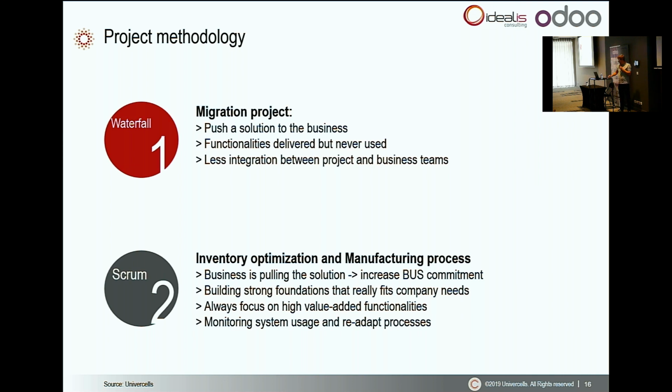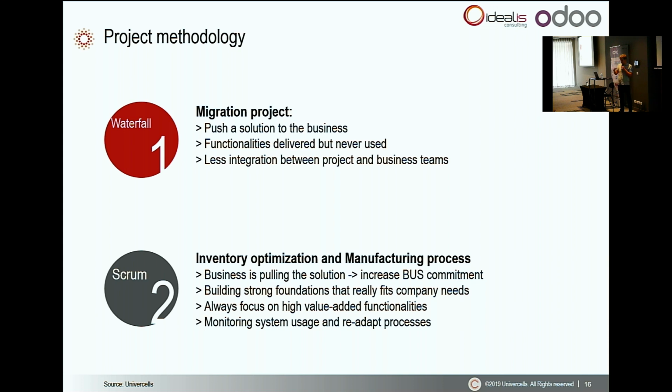What was very interesting with Universals, regarding the project management for the implementation of Odoo, is that we started the migration with the old waterfall way of managing a project.